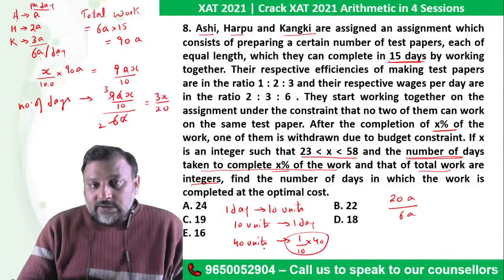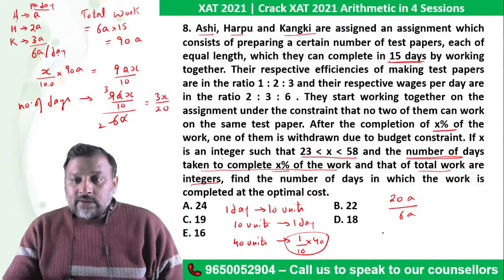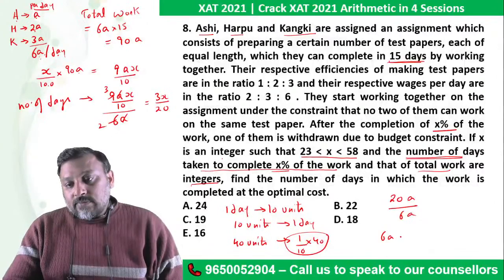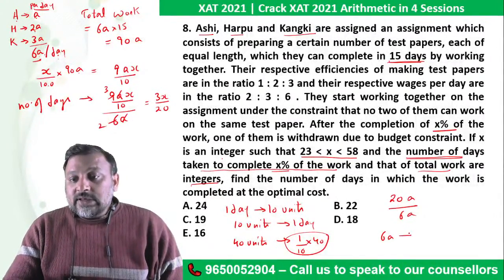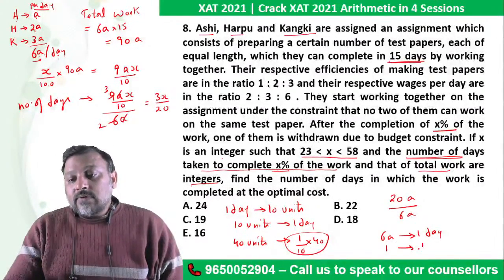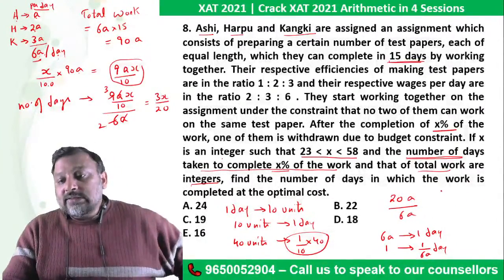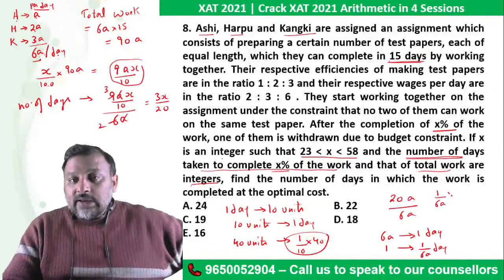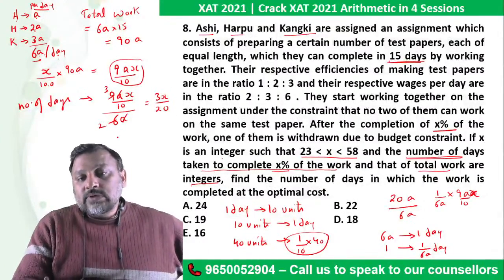This is how we find. So it is given in one day they can make 6A papers. To make these many papers, they will require how many days? 1 by 6A into this, which is this much.